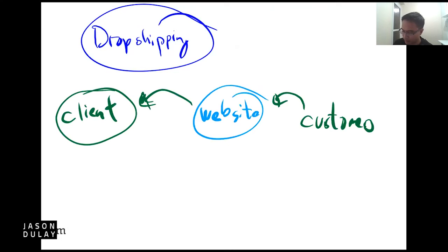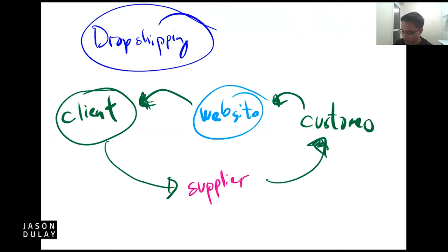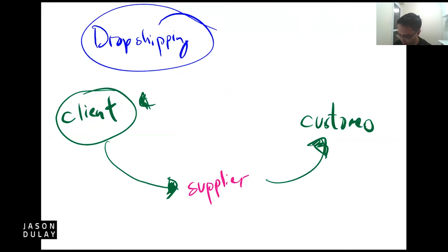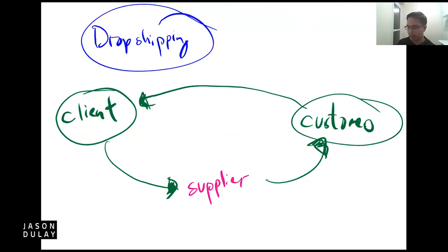But in a drop shipping scenario, the client doesn't have the product. Remember, they're selling other people's products. So what they do is they have a supplier. And they tell the supplier, hey supplier, I have a customer, I want you to send the product to the customer. So this is the relationship. The customer buys from the client. The client tells the supplier, hey, I need you to send this product to this customer.